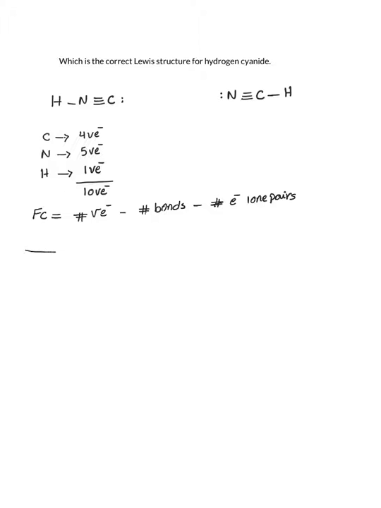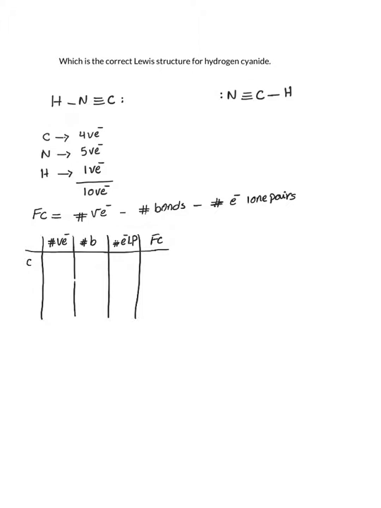Now, let's draw a chart for each molecule and calculate formal charges for each atom in the molecule. So, number of valence electrons, number of bonds, number of electrons in the lone pairs, and formal charge.